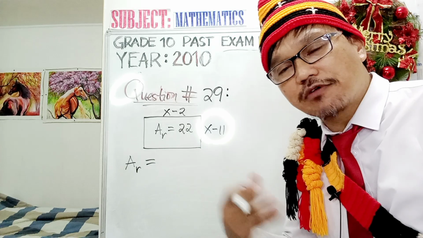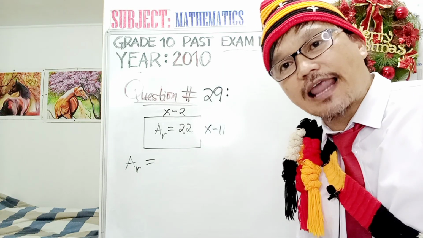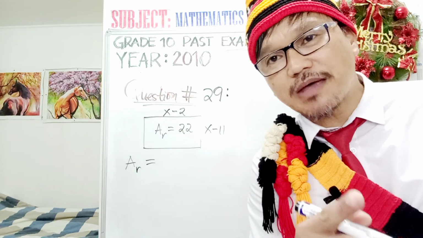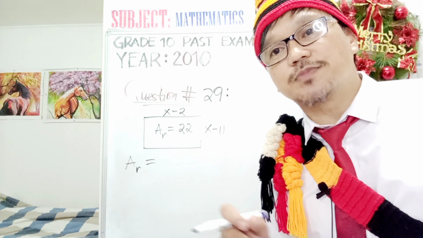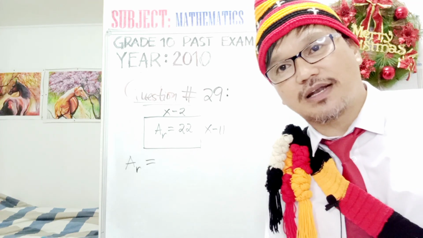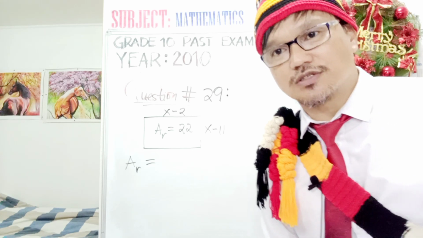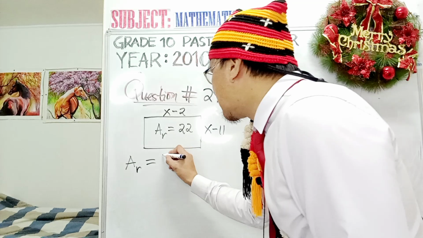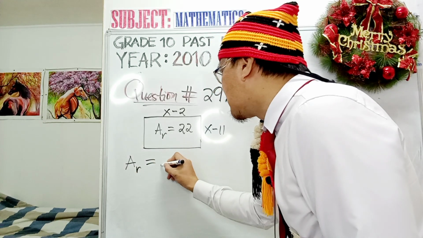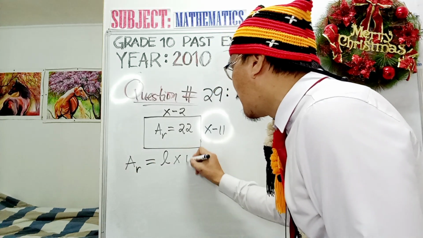The area of the rectangle is equal to length times width. Now, you have to remember that you are going to memorize all the formulas because you will not be provided with the formulas in your national examinations. You have to remember all the formulas. Okay. Now, the formula of the area of the rectangle is length times width.